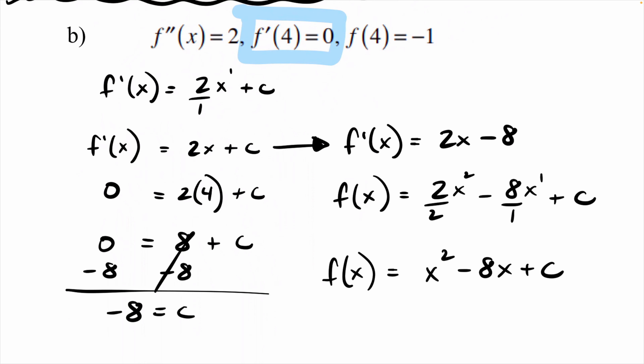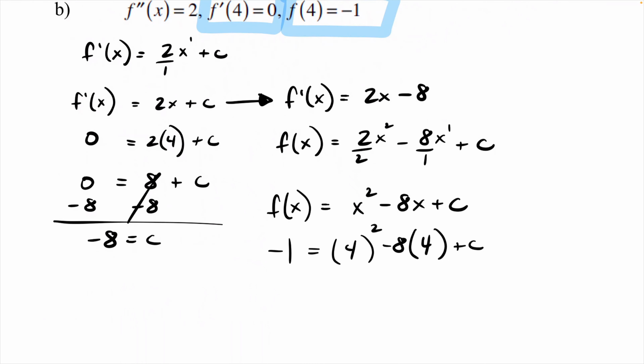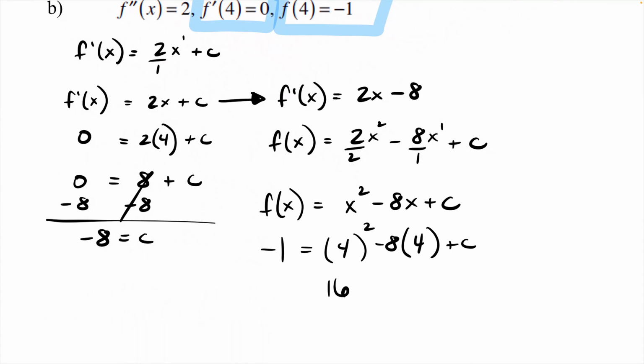But the condition for the original is here as well. On the original, when x is 4, y is negative 1. So I'm going to plug in 4 for x, and negative 1 should be the answer. So I get 16 minus 32 plus c equals negative 1.